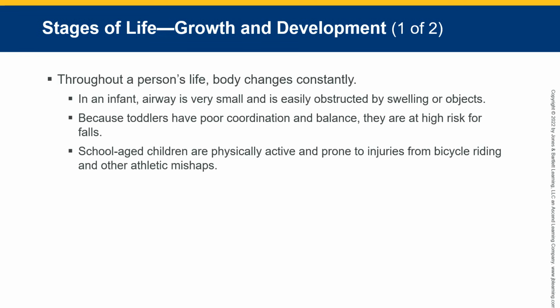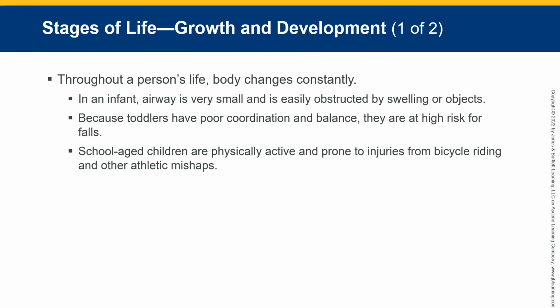Now, as a person grows and develops throughout their life, things change. In an infant, for instance, the airway is very small and easily obstructed. That could be by swelling or it could be by something that they put in their mouth and they choke on. And we have to deal with a smaller airway. As they get a little bit older, the toddlers have poor coordination and balance, and so they're falling and bashing their faces into things and scraping their knees and so on.